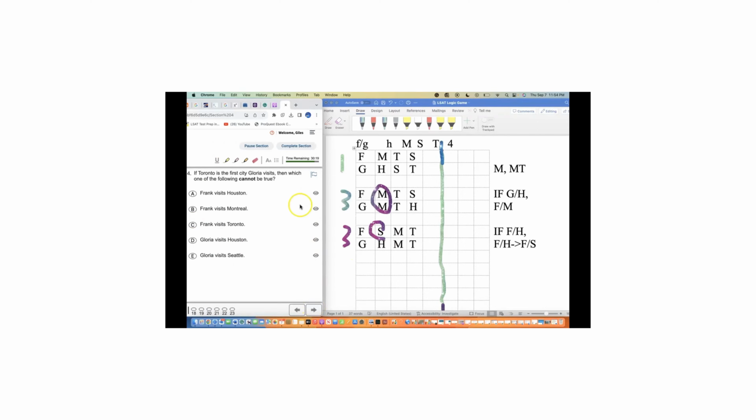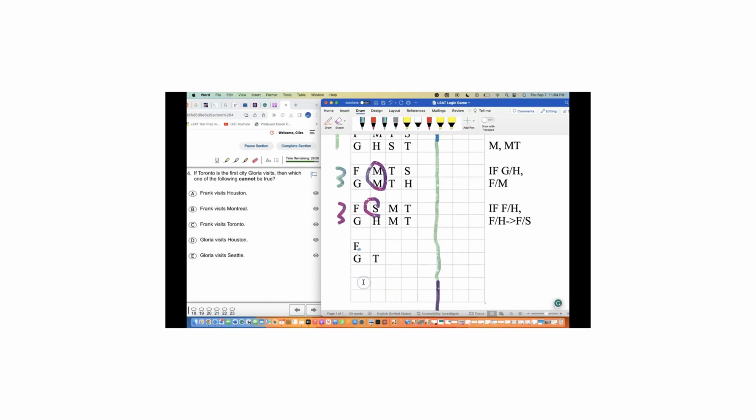Here comes question 4. If Toronto is the first city Gloria visits, so I put F here, G here, and then I'm going to put T as the first city. And I'm going to put another F here, another G here, and I'm going to put T symbolizing the first city.